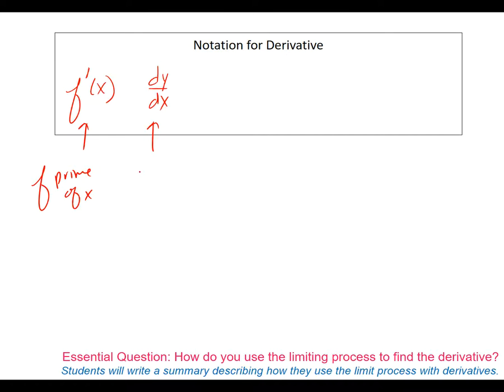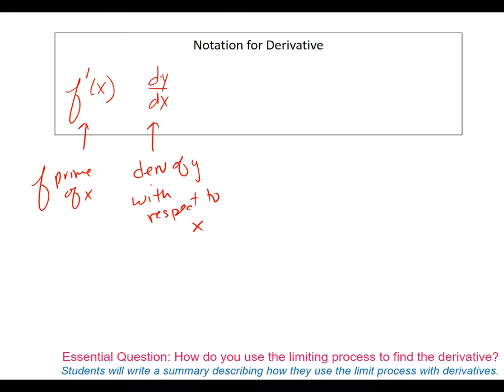This one here is the derivative of y with respect to x. That's what it means. We typically just say dy dx. But sometimes it's good to go back to that, the derivative of y with respect to x. You need to know what you're taking the derivative of, which is usually the y, and what variable it's with respect to, which would be the x. Usually the y is the left side of the equation.